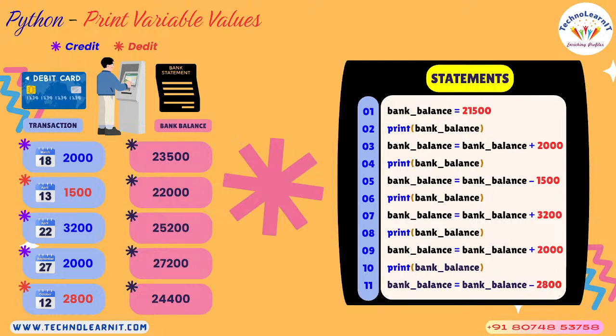You have assigned a constant 21,500 to the variable bank balance. That is the first statement. And in the second statement, you are using the print function. Print and mention the name of the variable so that the value of the variable will be printed.